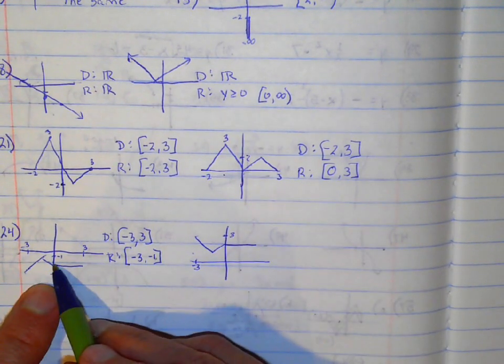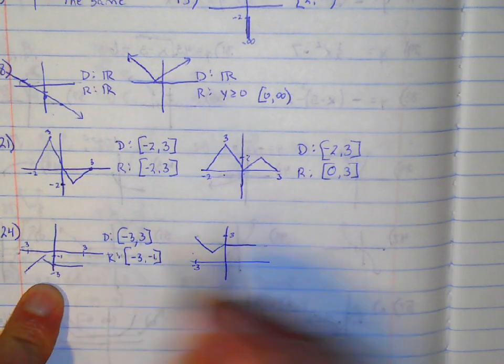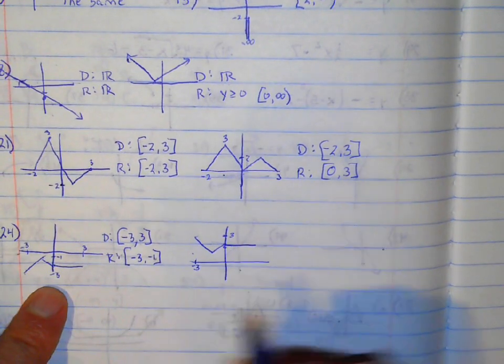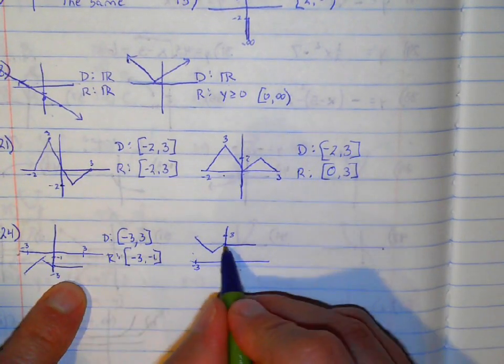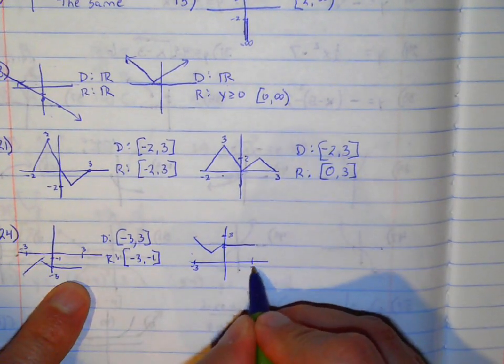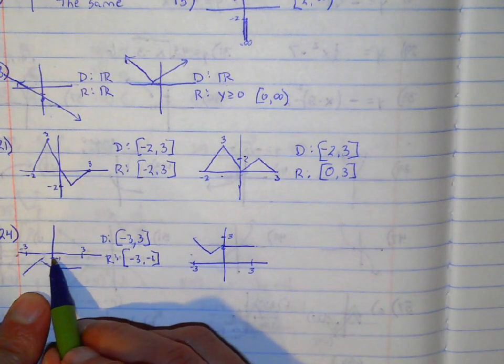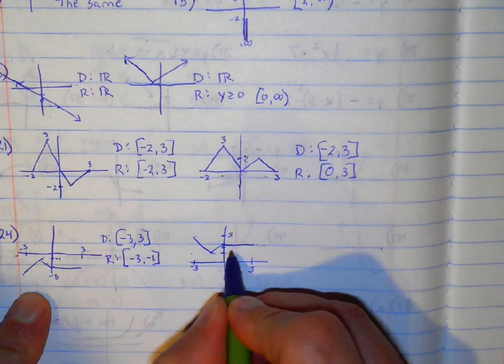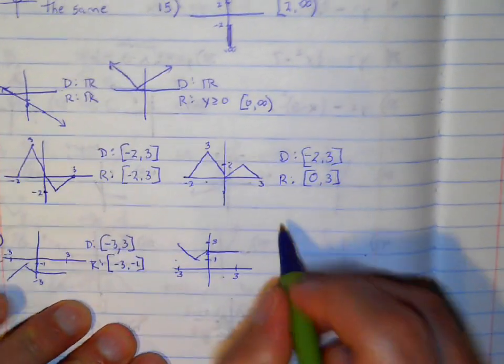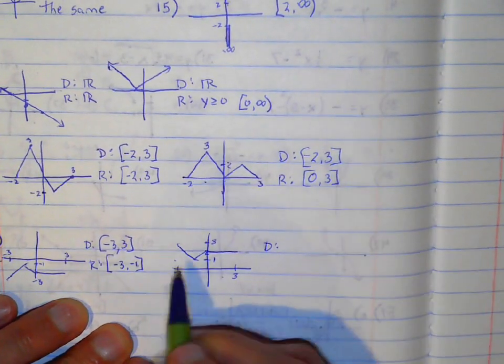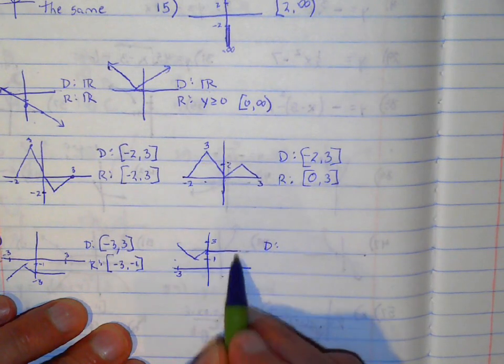And this was at, I don't know, it doesn't really matter, but negative 2, I guess. So this would be up at positive 2. And it would be straight over till 3 again. If this bottom peak was at negative 1, it would be here at positive 1. So our domain goes from negative 3 all the way through to positive 3.